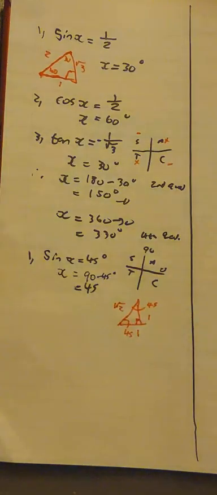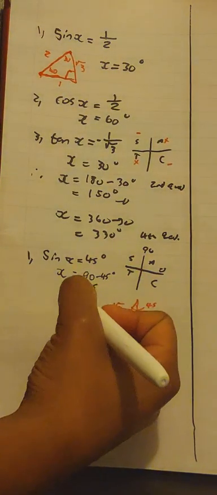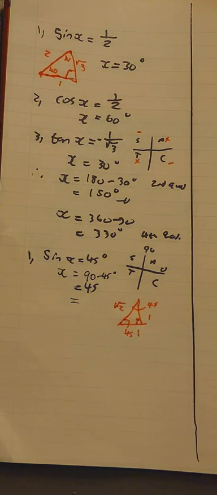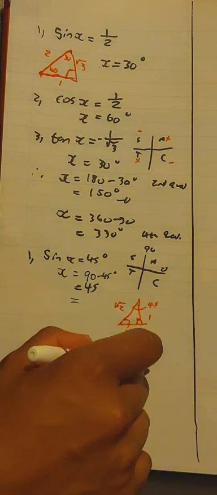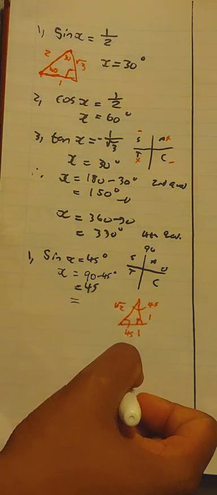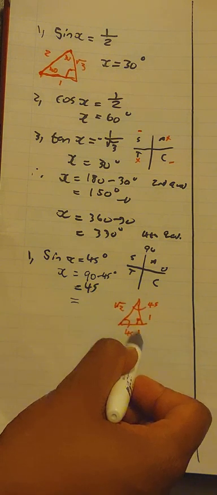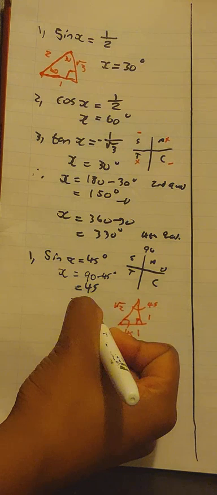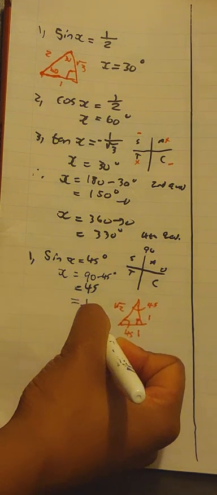So what is the answer of sine at 45 degrees? Opposite is 1 over hypotenuse. So it's going to be 1 over square root of 2.